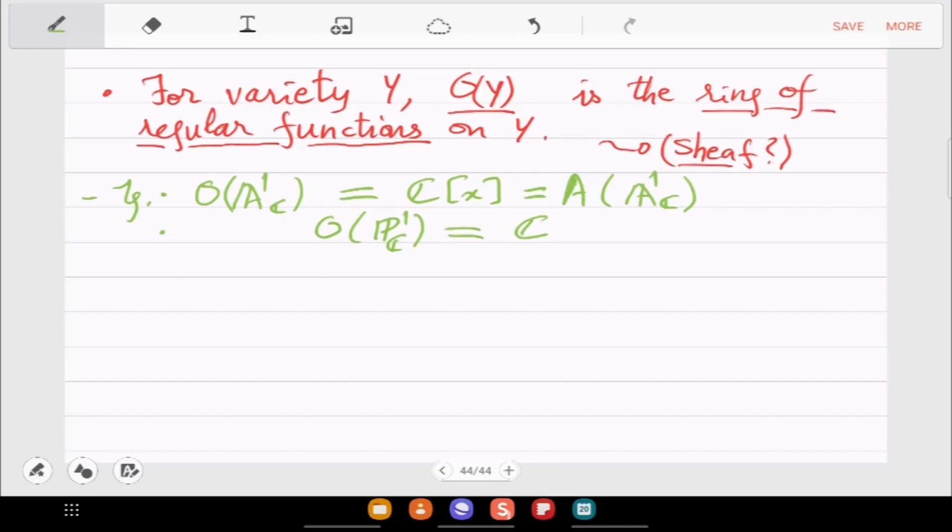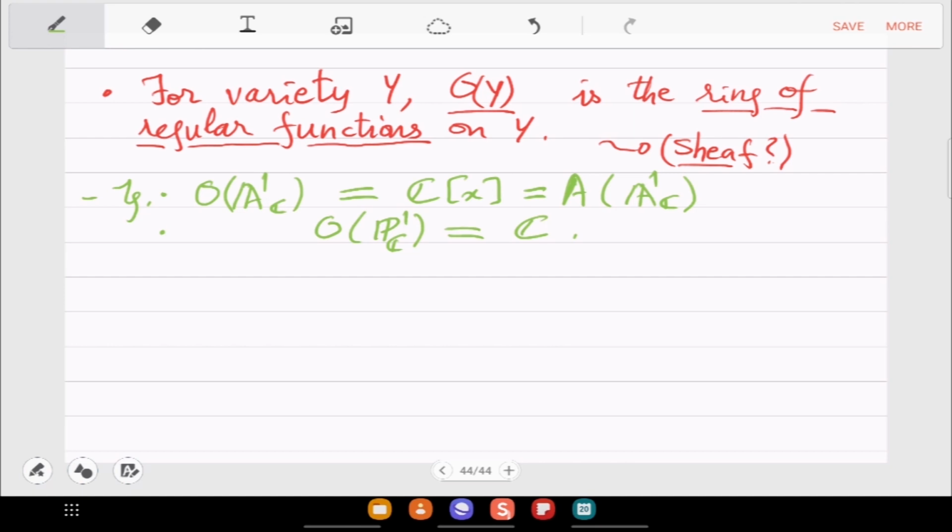So this is just the constant, which is all the complex numbers. So on the affine space, you get the coordinate ring. On the projective n space, you just get constants. Is that clear?